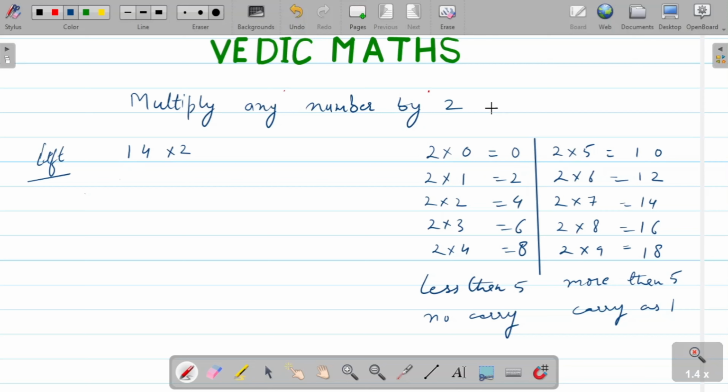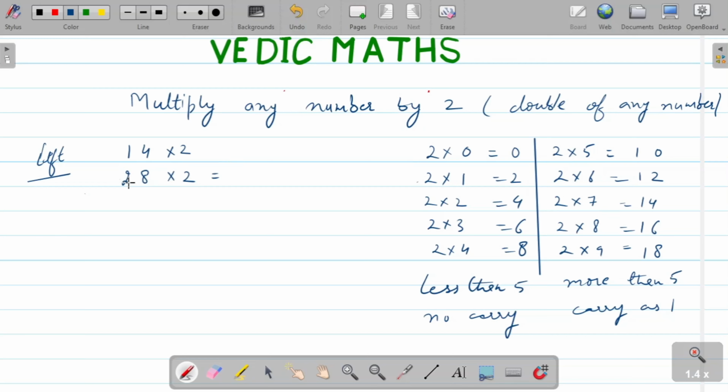We used to call this method double of any number. So what we'll do is we'll do double of 1, which will be 2, and double of 4 will be 8. That's the answer.